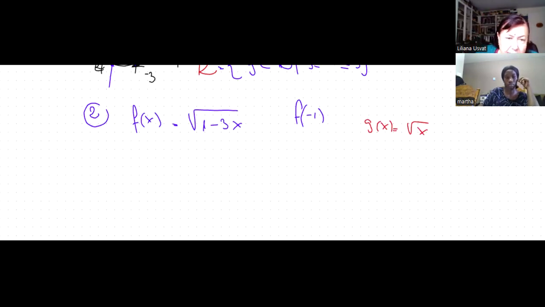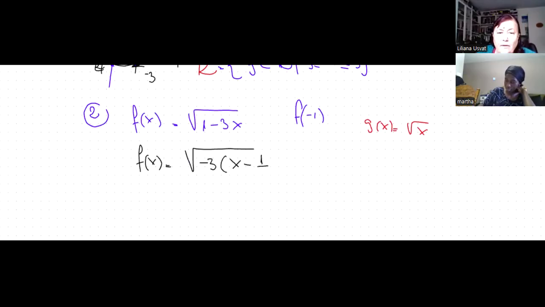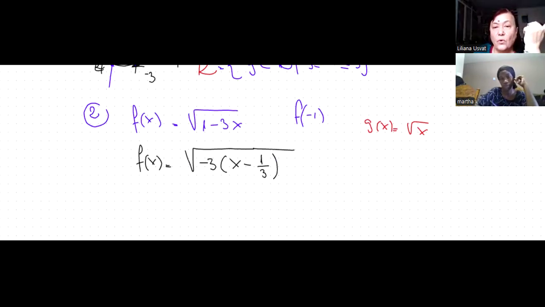So f of x equals square root of minus 3 times (x minus 1 over 3). If we multiply minus 3 by x, it's minus 3x. Minus 3 times minus 1 over 3 is plus 1.